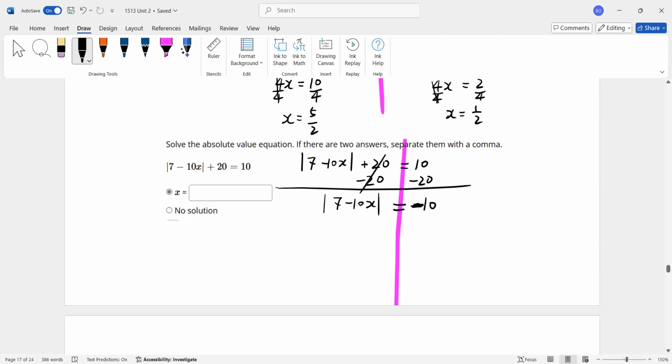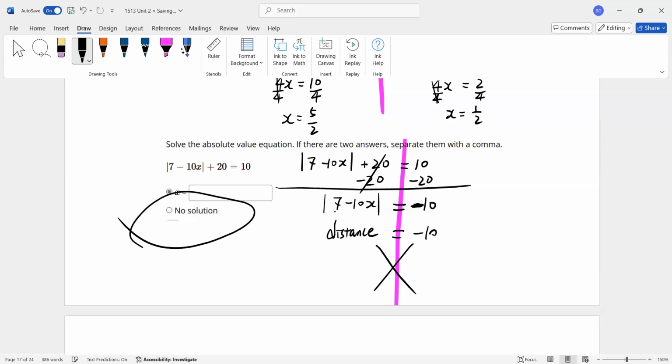You're right, no solution. Because the left side is an absolute value, which is a distance. Absolute value is defined as a distance, and the right side is a negative number, and a distance can never be a negative number. So the equation in itself, you can tell now, is a contradiction. So no solution. All right, there's no solution.